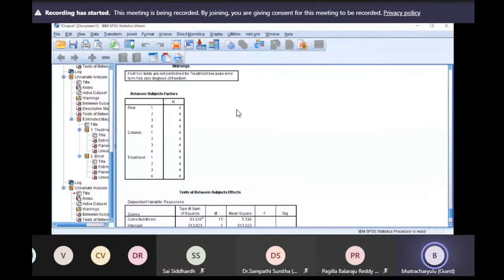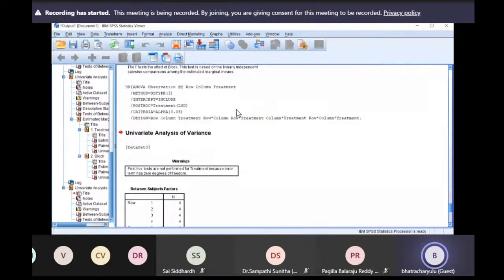Each treatment appears only once in each row and column, and such a design is generally said to be a lattice square design. So that is considered here.